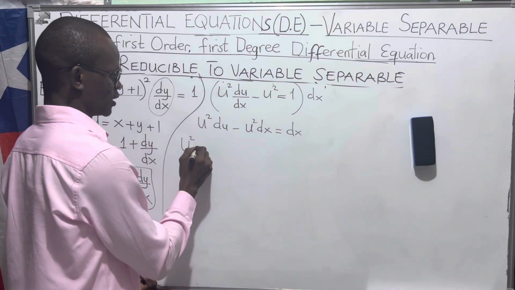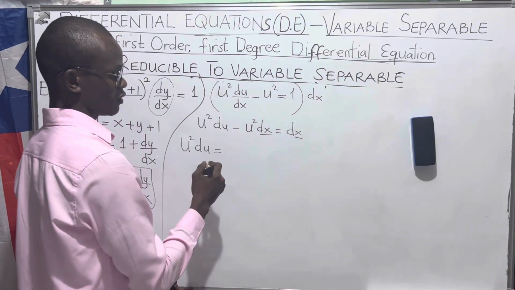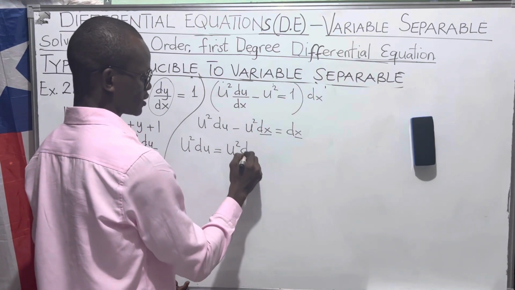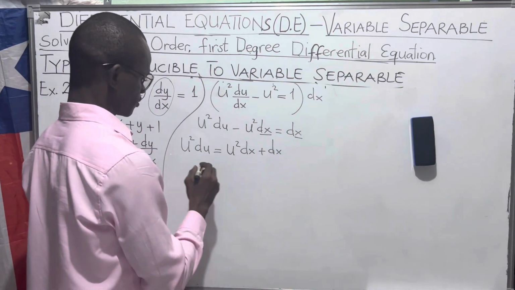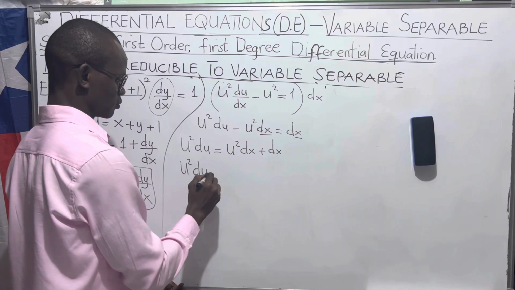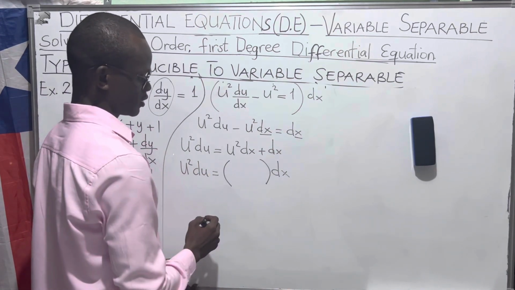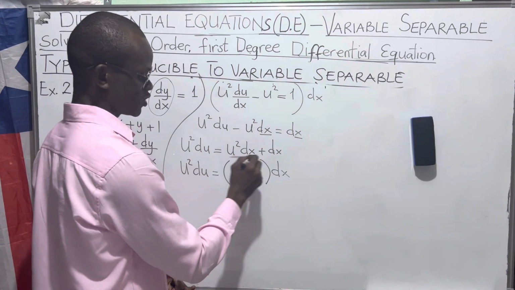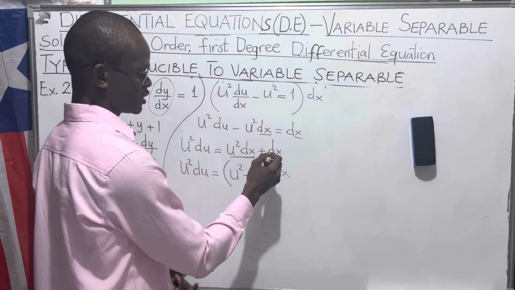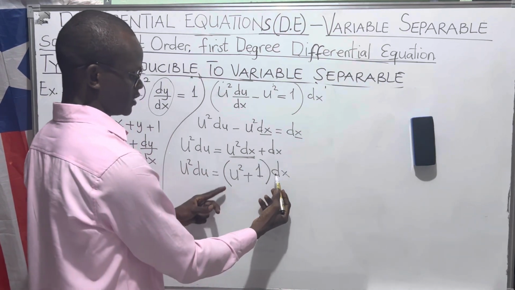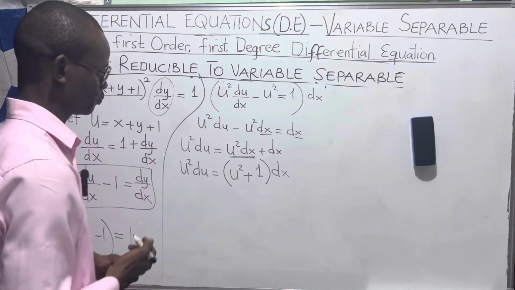So we have u squared du equals, we send these on the other side of the equation, u squared dx plus dx. We can factor out the x. So in the first term you have u squared plus 1, such that the x times this is u squared dx, and the x times 1 is dx.